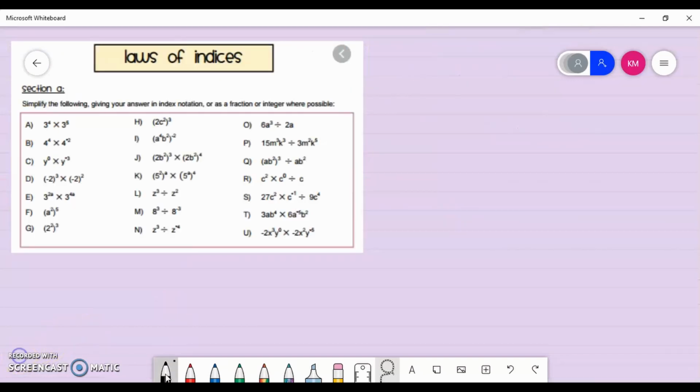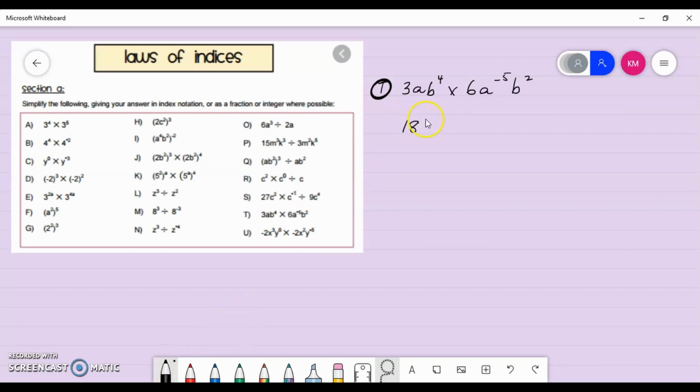Next, t, we have 3ab⁴ multiplied by 6a⁻⁵b². So here we must multiply our coefficients, that 3 and 6. We are going to get 18.